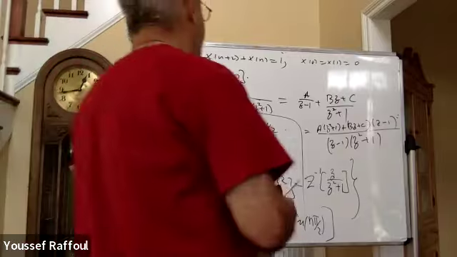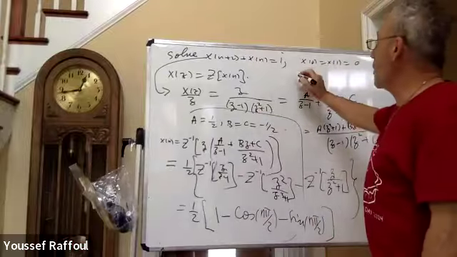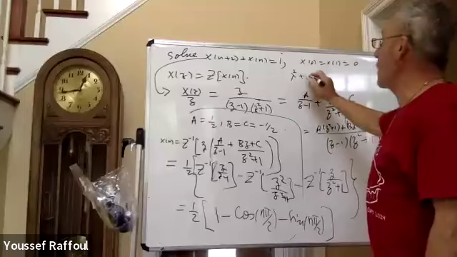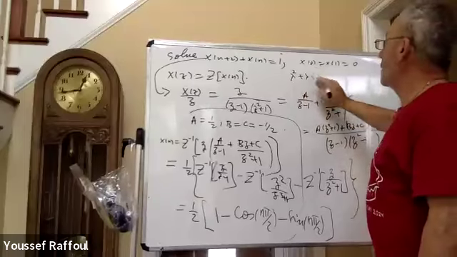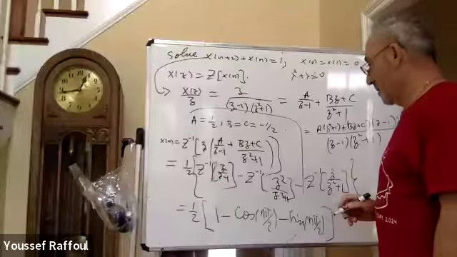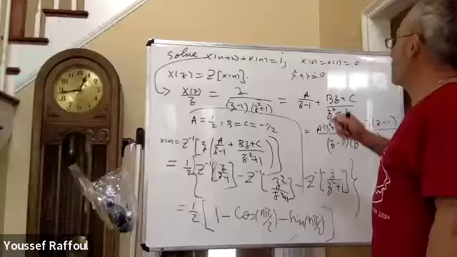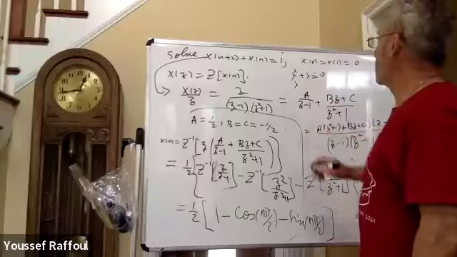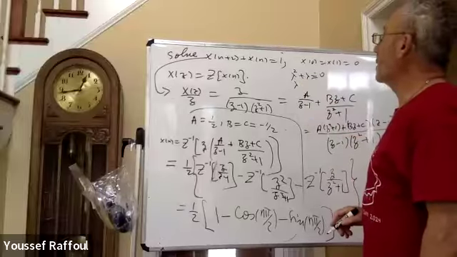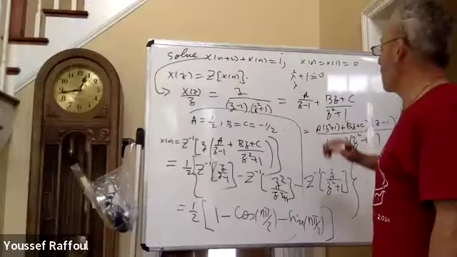Well, you can do this one without the Z transform, of course. You can look at lambda squared plus lambda equals 0, and you're going to get lambda squared plus 1 equals 0.